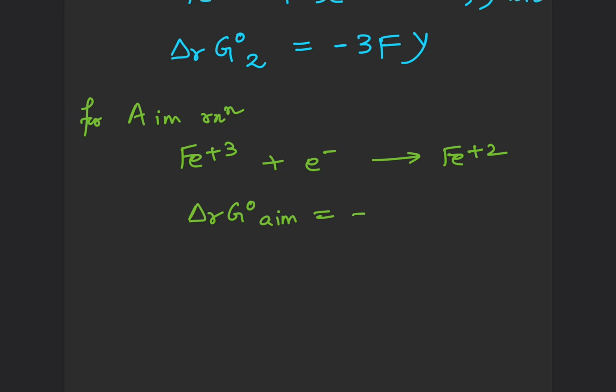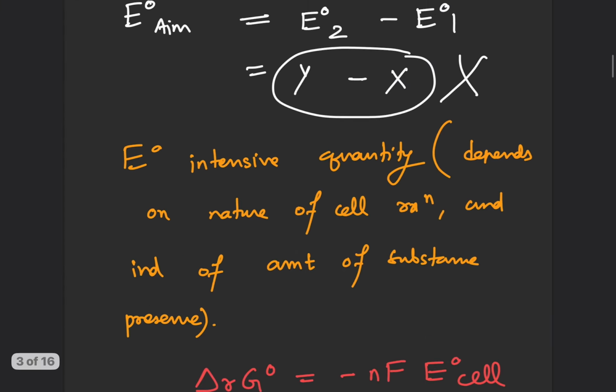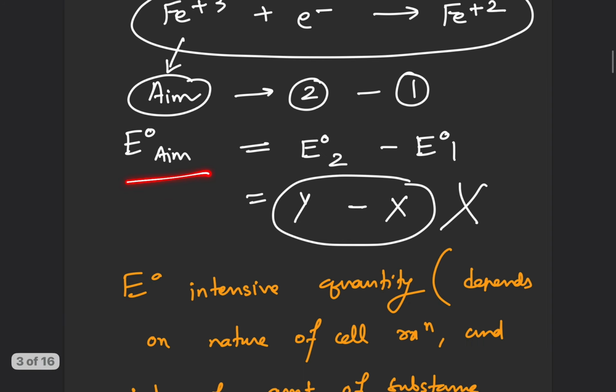So therefore it will be minus 1 into F into, we don't know the voltage, so let's say alpha. This is what we are supposed to calculate. Okay, this is what we are supposed to find out. So this is the E naught of the aim reaction, right? And if you remember, we just got a relation between the aim and the first two, that is the aim reaction is nothing but reaction 2 minus reaction 1.